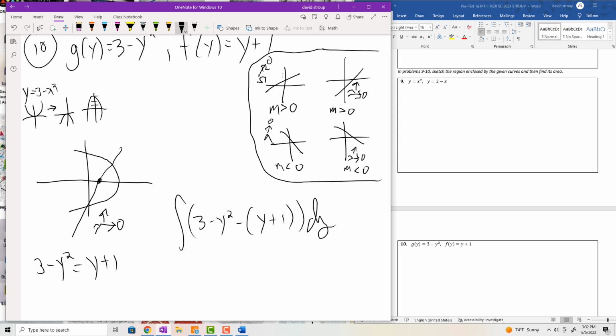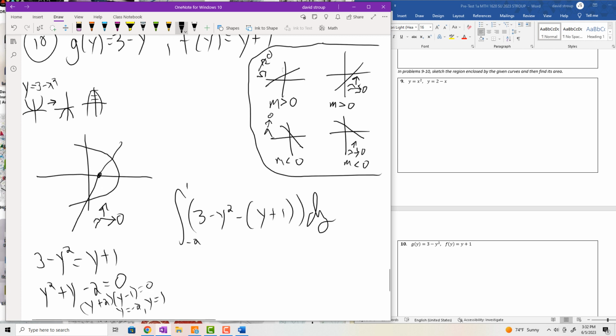I'm going to move the y squared to the other side, so I'll have y squared plus y, and then minus 3 on both sides, giving a minus 2 factor. And I believe we get negative 2 and 1, so those will be the limits on our integral.